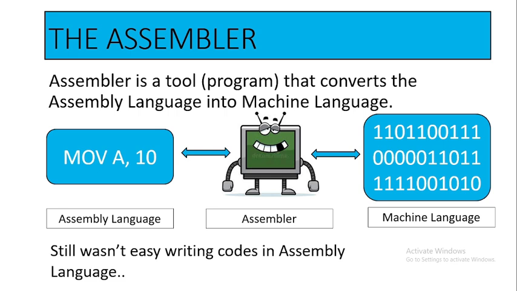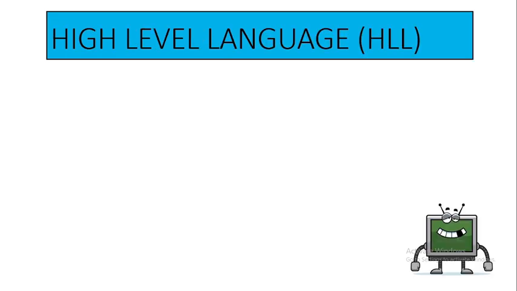Though they used symbolic codes to represent machine-specific instructions, writing instructions using assembly language wasn't easy. So programmers needed something quite simple that resembles the language they speak. So they introduced what is called high-level language, HLL.